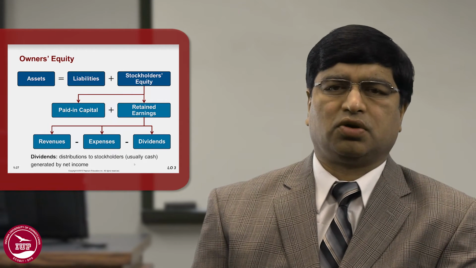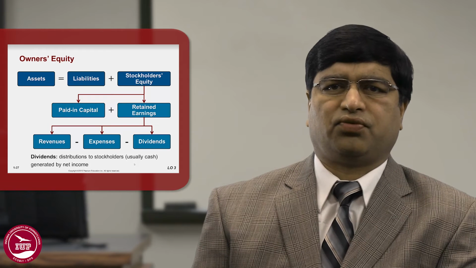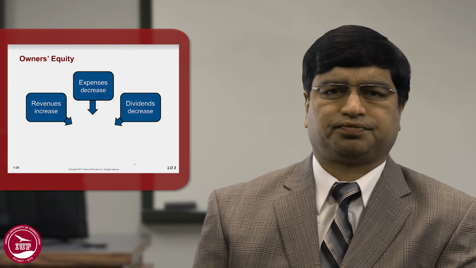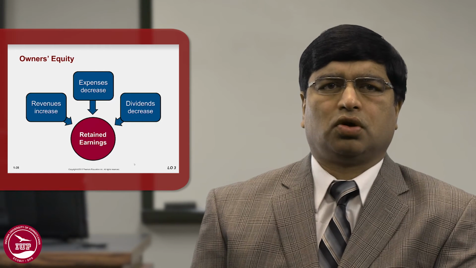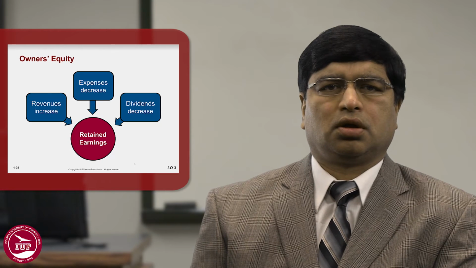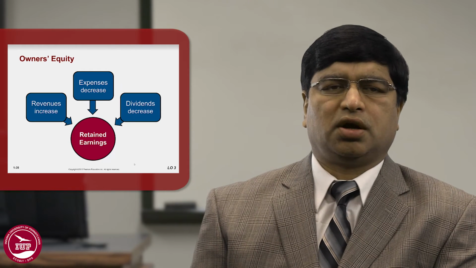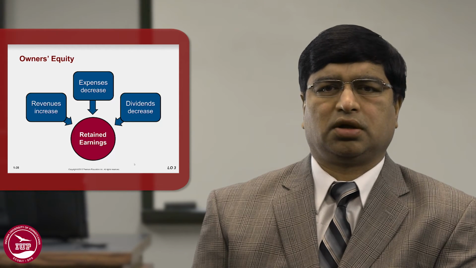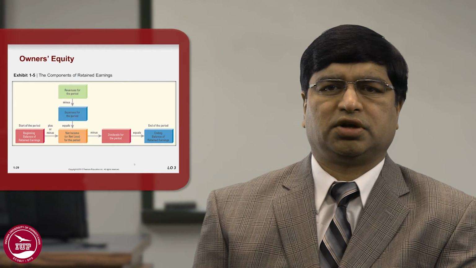It is the return of shareholders' money back to them, and therefore it reduces the stockholders' equity. So what impacts the owner's equity? In terms of retained earnings, revenue will increase the retained earnings, expenses will decrease the retained earnings, and again the dividends will decrease the retained earnings.